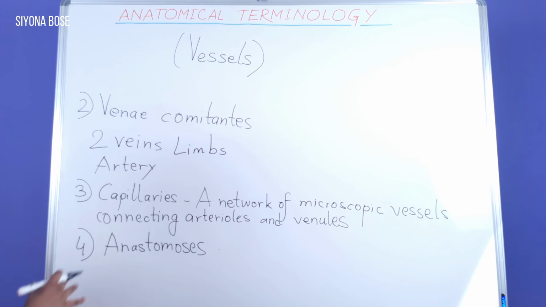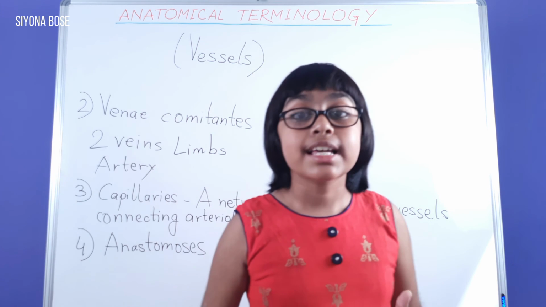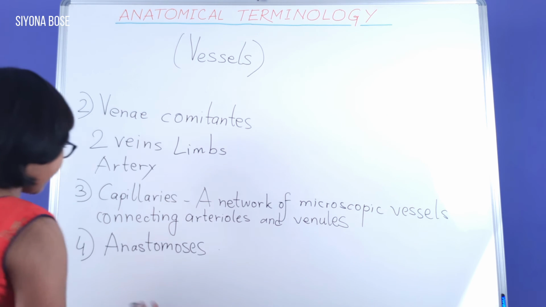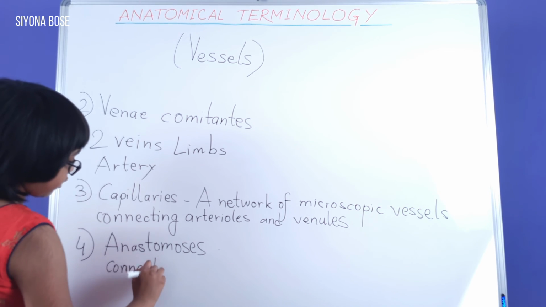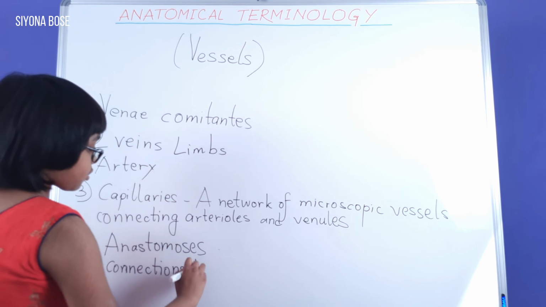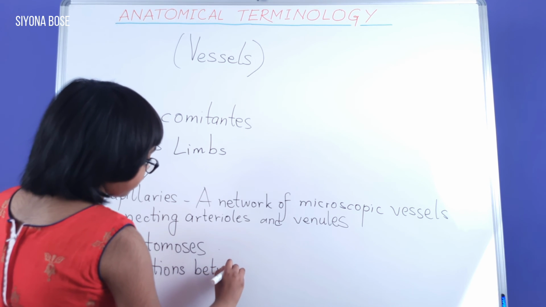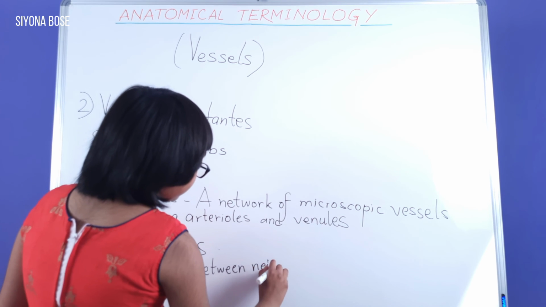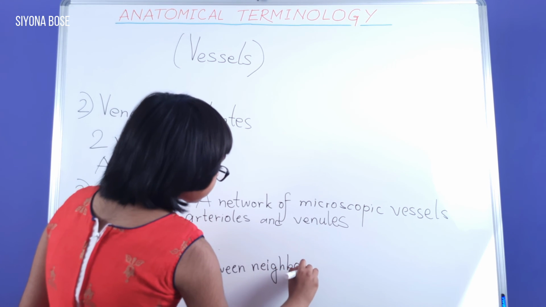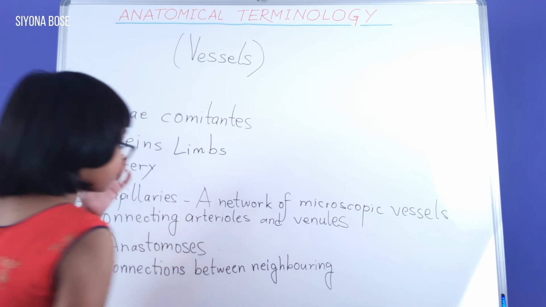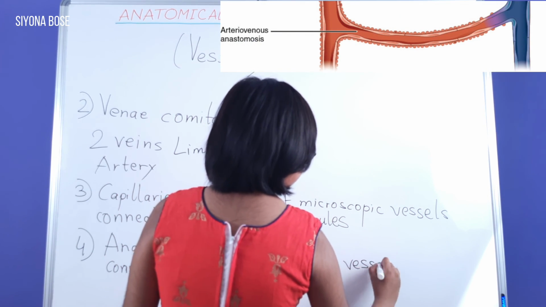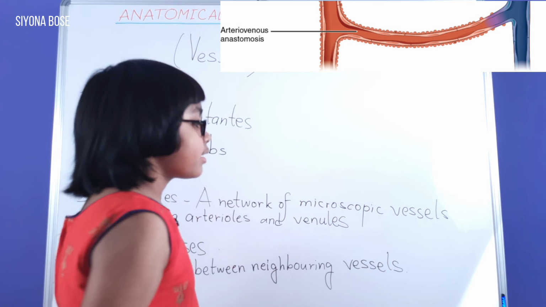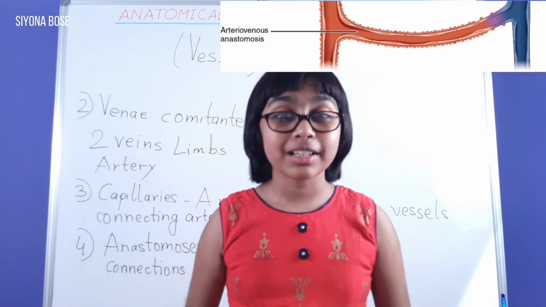So those connections of those neighboring vessels are called anastomosis. So now you may take a look at the board.